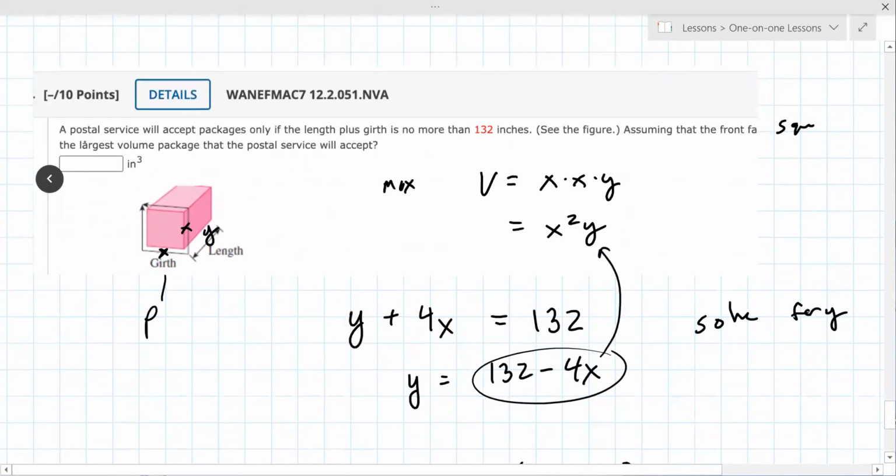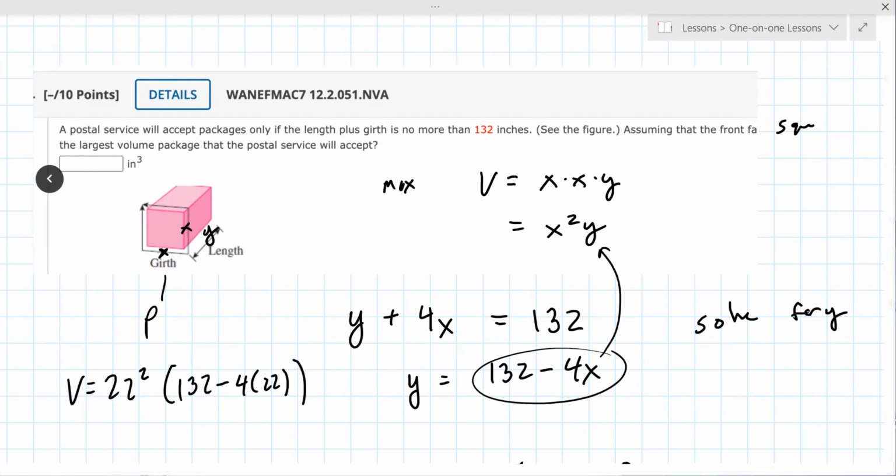So they want the volume. Well, the volume is x squared y. So your volume is 22 squared, and then y you get from this number over here, 132 minus 4 times 22.